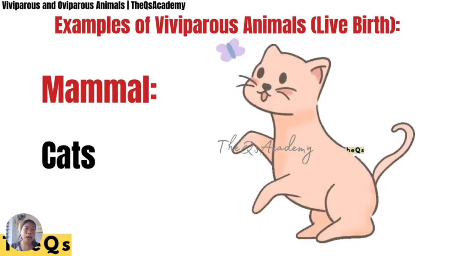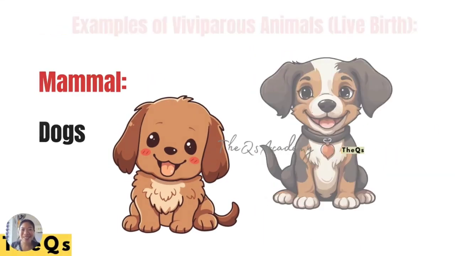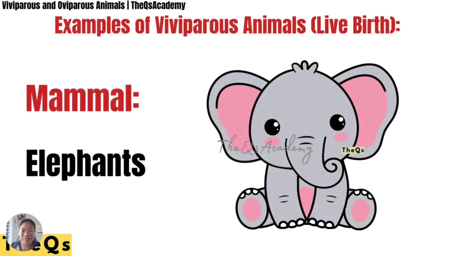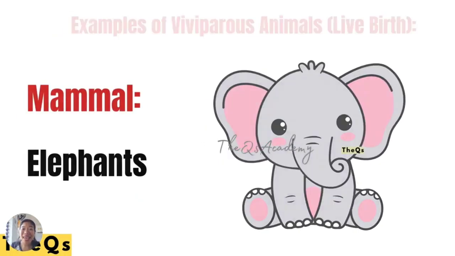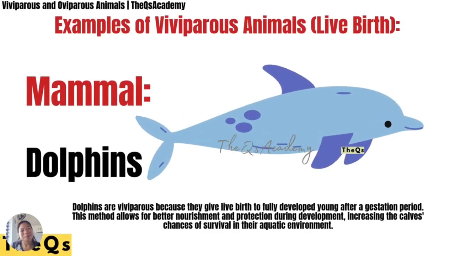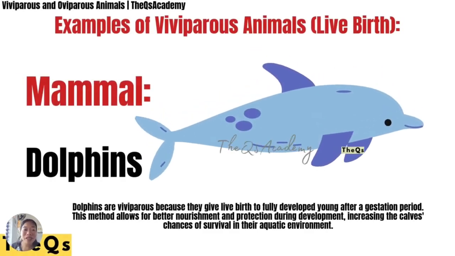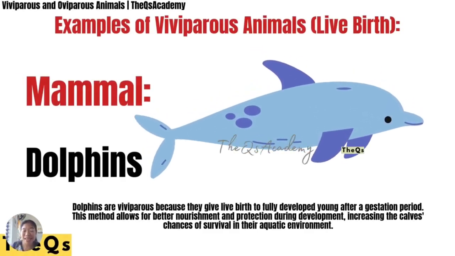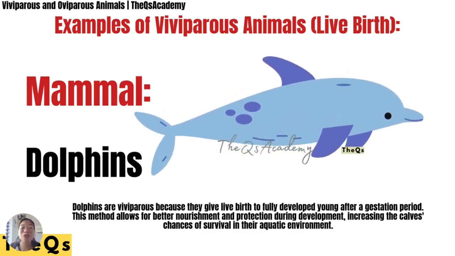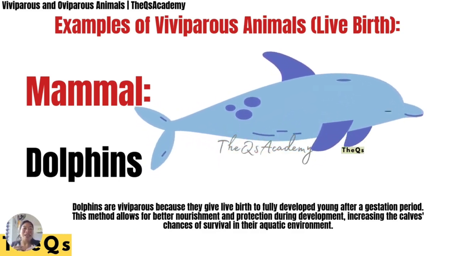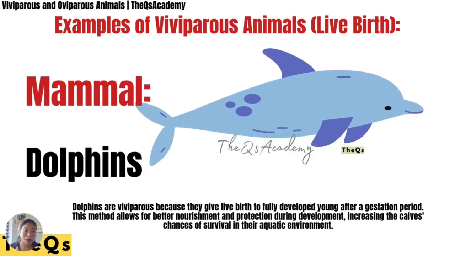So we have other examples: cats, dogs, elephants, and dolphins. Dolphins are viviparous because they give birth to fully developed young after a gestation period.